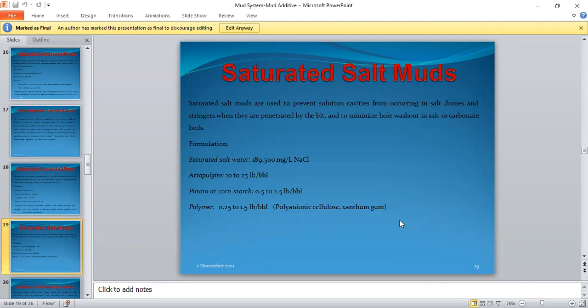So your spud mud must have enough viscosity to be bringing out all these cuttings, gravel, stone, whatever is being drilled. So that is what our spud mud is there to do.